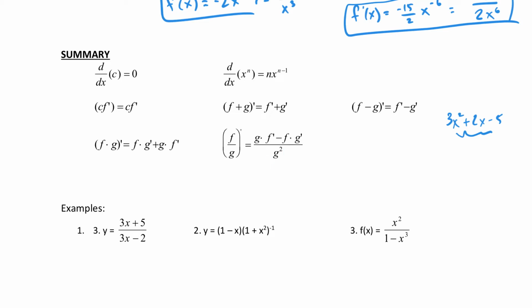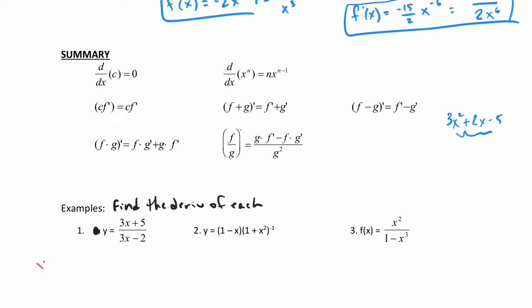Okay, so let's do a few examples, and then we've got some in-class examples that we will do later in class. So let's look at this first one. This 3 should not be here, it's just a typo. That's the equation, and the direction should be find the derivative of each. Okay, so on this first one, it's a quotient, so we want to use the quotient rule.